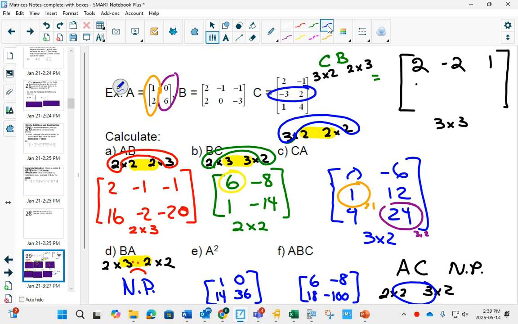This row, this column. This row, this column. This row, this column. What answer will we get? -2 again. Oh, we got someone else who thinks they figured it out.